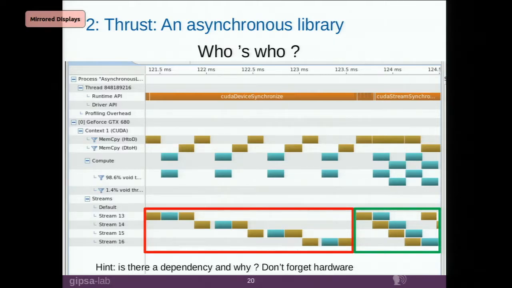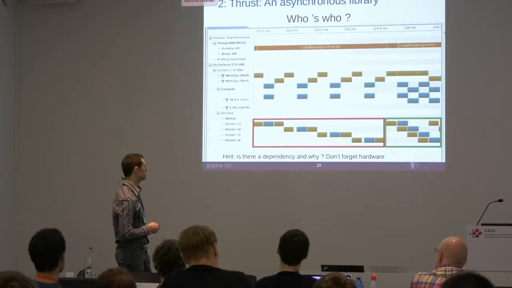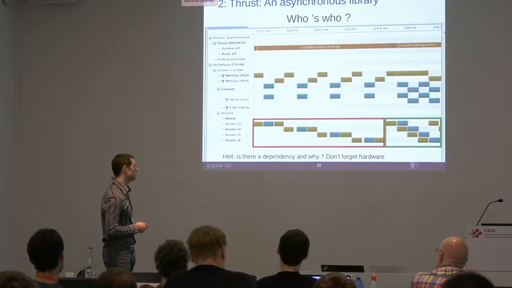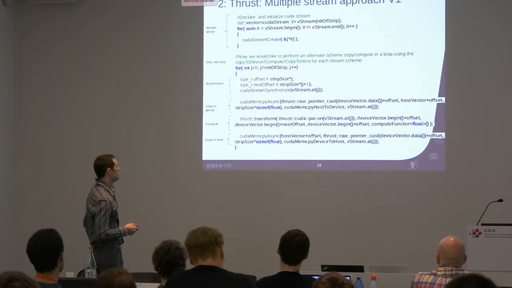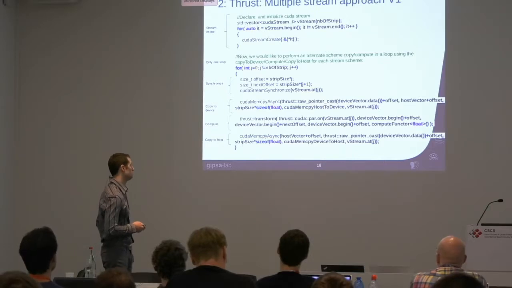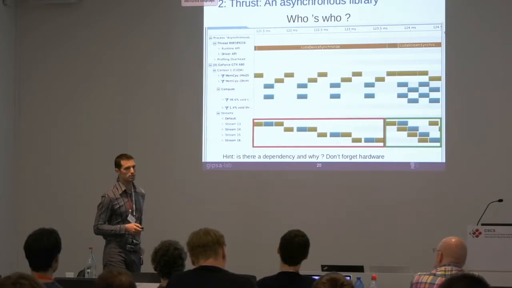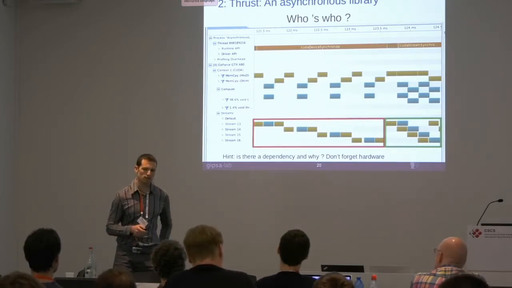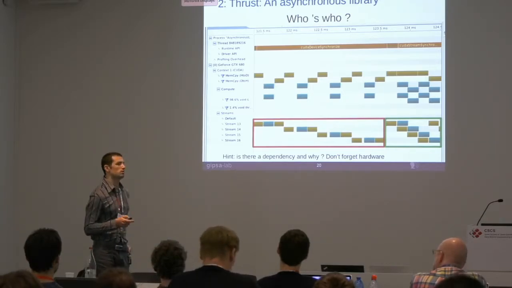And you may ask, okay, but why is there a synchronization between the end of the copy from device to host from the first stream and the copy from host to device on the second stream? Although here, as everything is launched in a different stream, each of the elements of the loop have been launched in a different stream, they should be launched in parallel. But what arises if you use a card, for instance, from the GeForce series, is that you have actually only one copy engine.